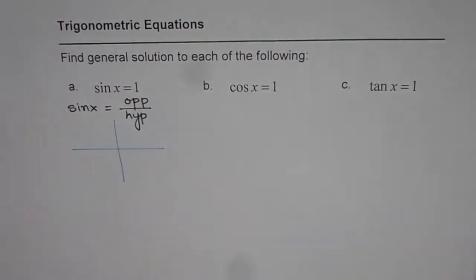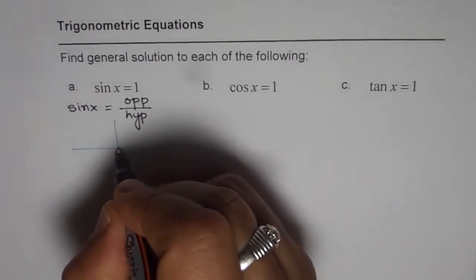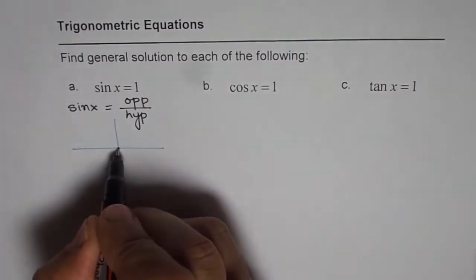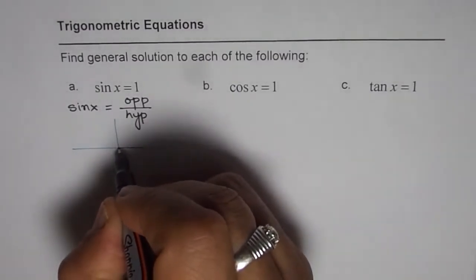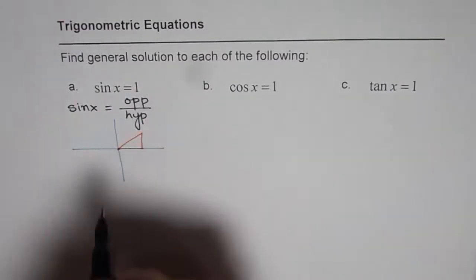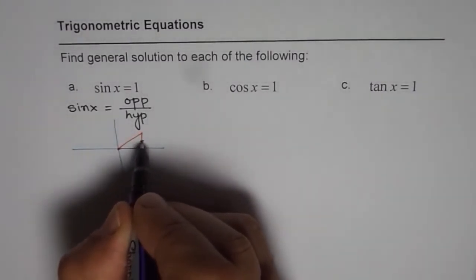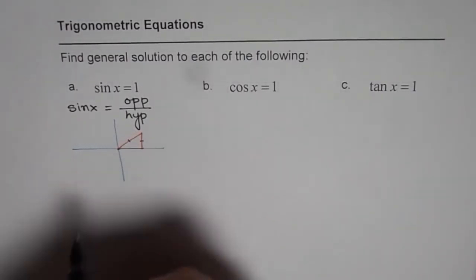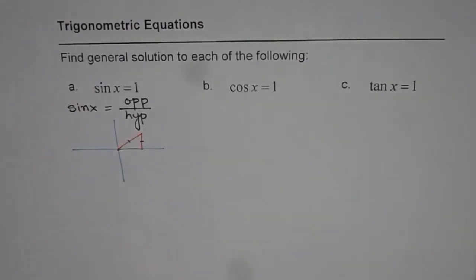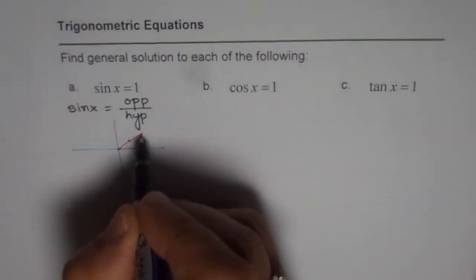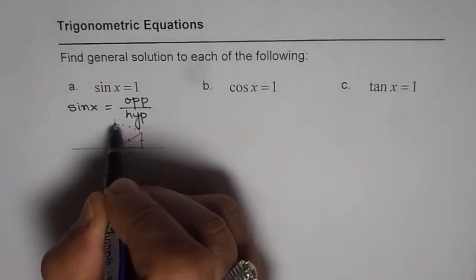So if I have a right triangle here, let's say we have a vertex at the origin, and that's the triangle for us. Now the opposite side is the side there, and that is the hypotenuse. If we want both of them to be equal, it is only possible at a point along the y-axis.